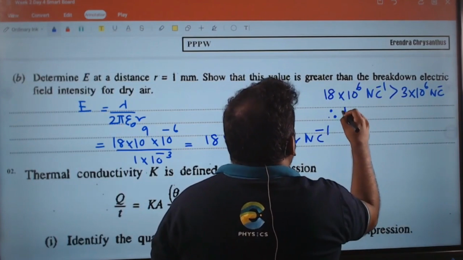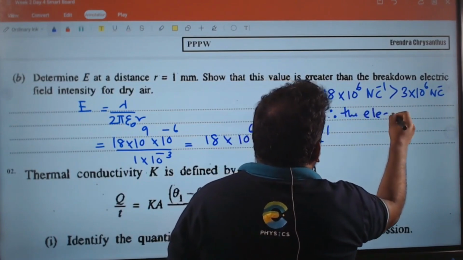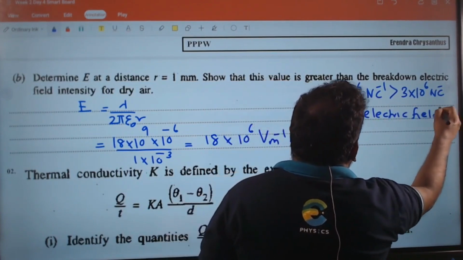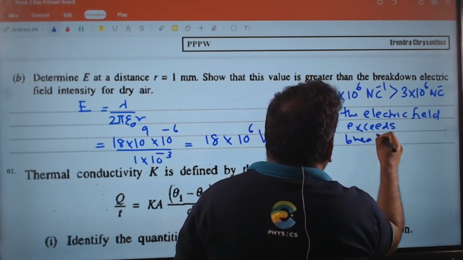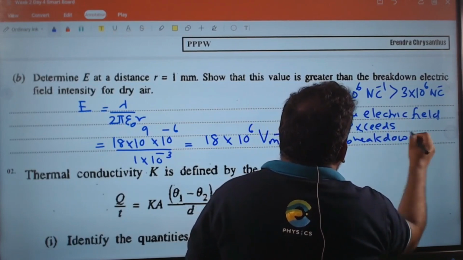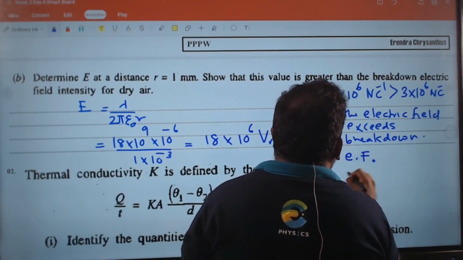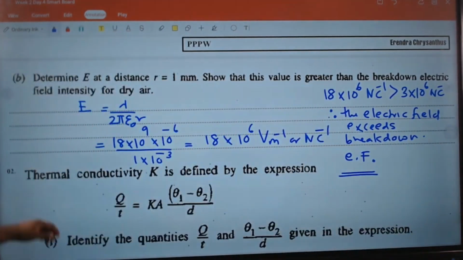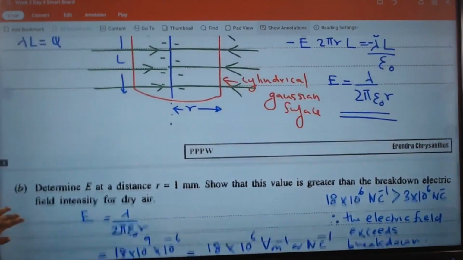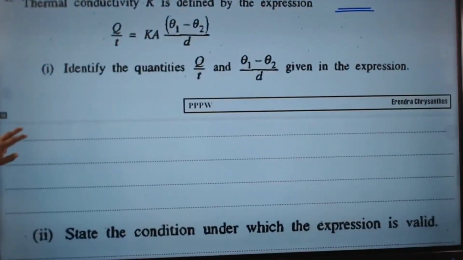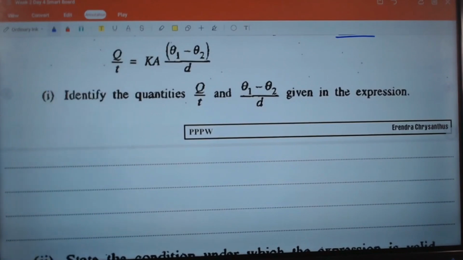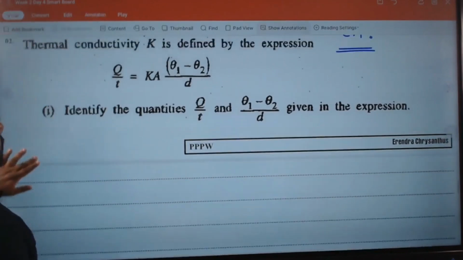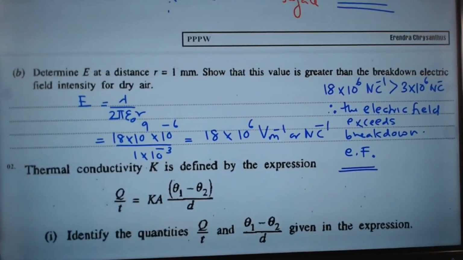Therefore, the electric field exceeds the breakdown electric field.